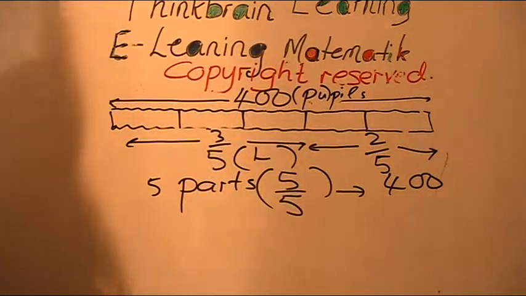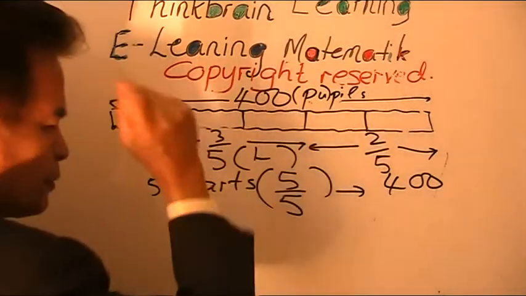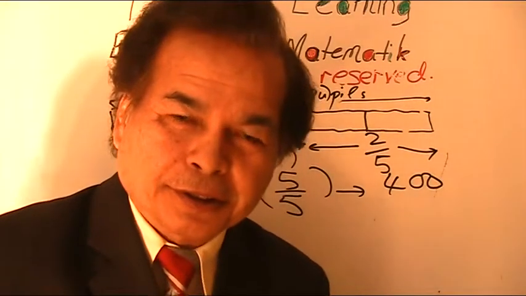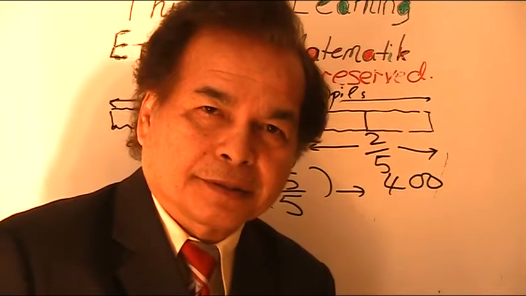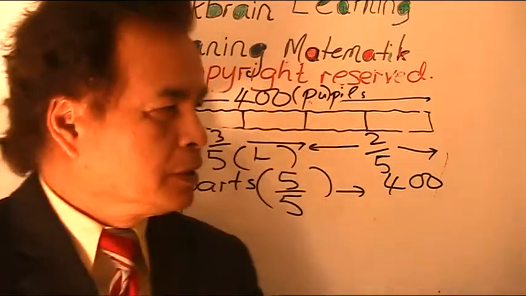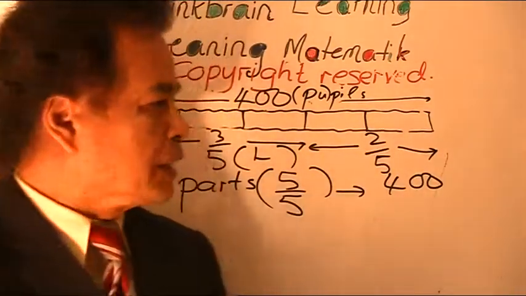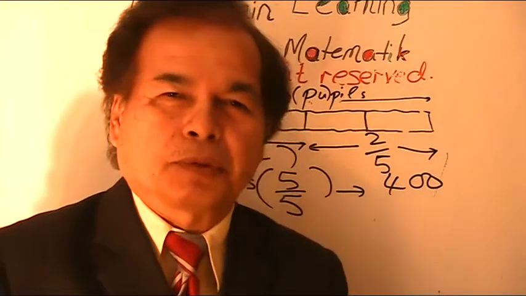Can we find, we want to find 2 parts. What should we find first? How many parts? Okey, dalam bahasa Melayu, kita diminta cari 2 bahagian, iaitu yang mewakili orang perempuan. Berapa bahagian dulu yang kita perlu cari?